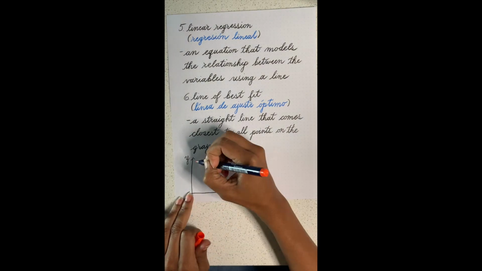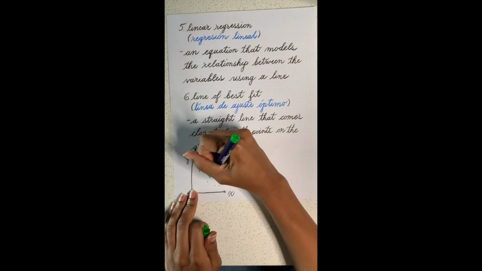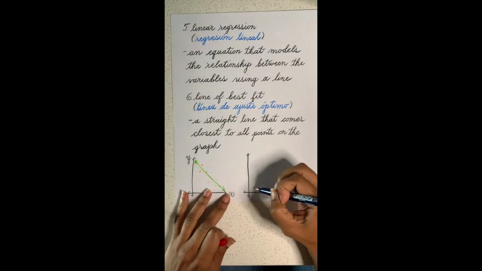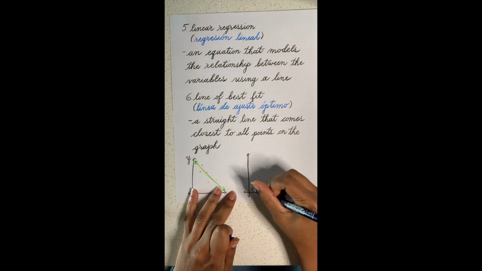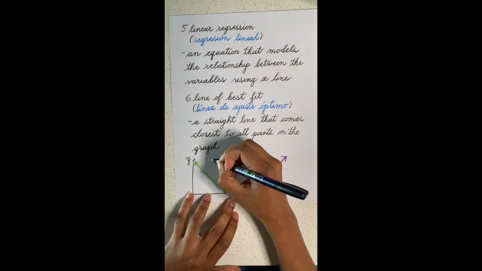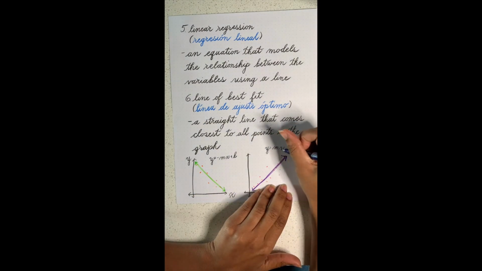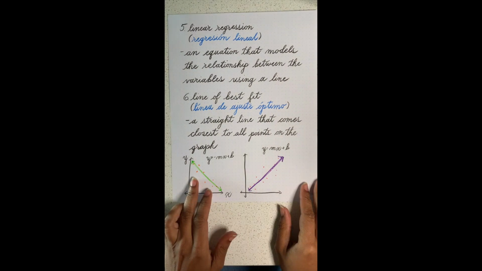It's not going to touch all of them necessarily. Right? And the equation of the line is actually going to be your equation of linear regression. So it's in that form, y equals negative mx plus b, right? If it's negative, y equals mx plus b if it's positive.